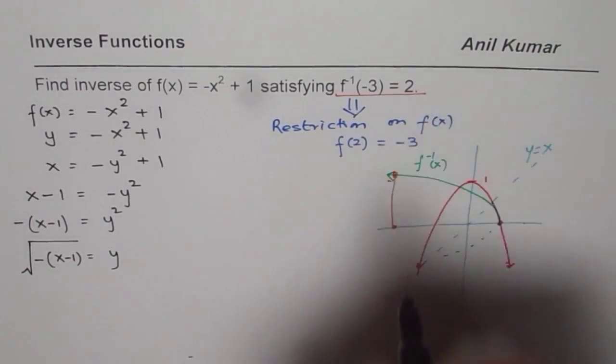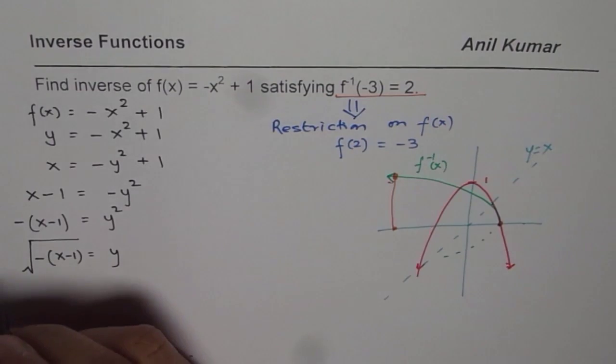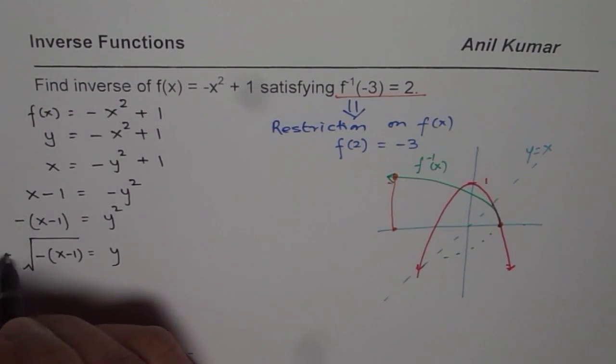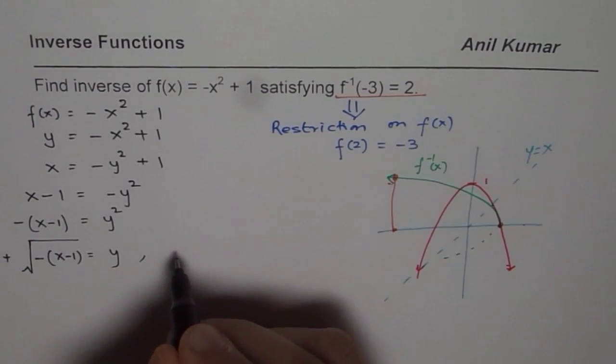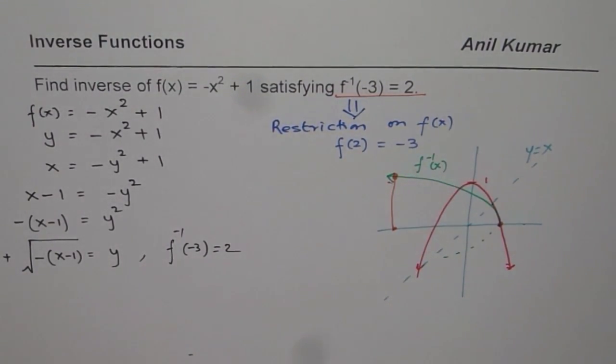Since this condition is given to us, we are expecting a positive value, right? Therefore, we'll consider the positive part only, not the negative. There's no need to write positive, but that is understood.